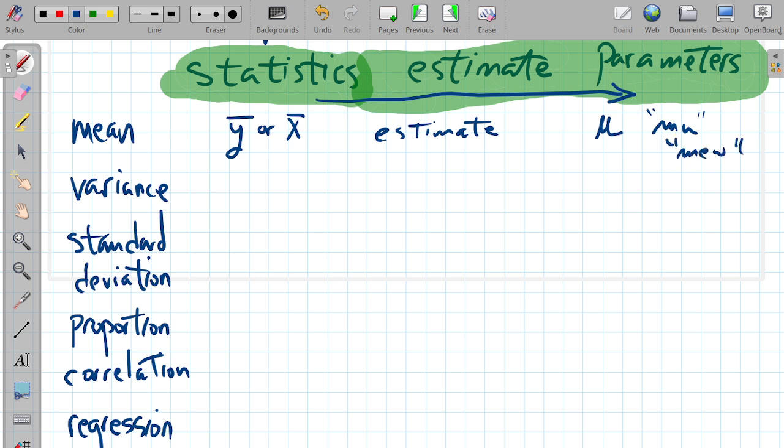So, Y bar is a statistic, mu is a parameter, and Y bar provides an estimate of the parameter. And by extension of our ideas, it also provides an estimate of the population average. So the sample average estimates the population average, and as we'll see later, it's very, very accurate.